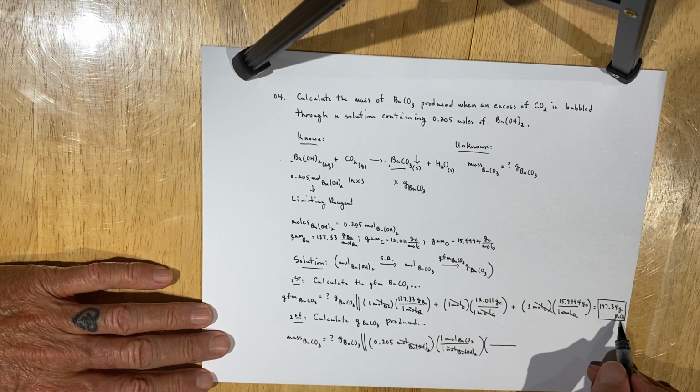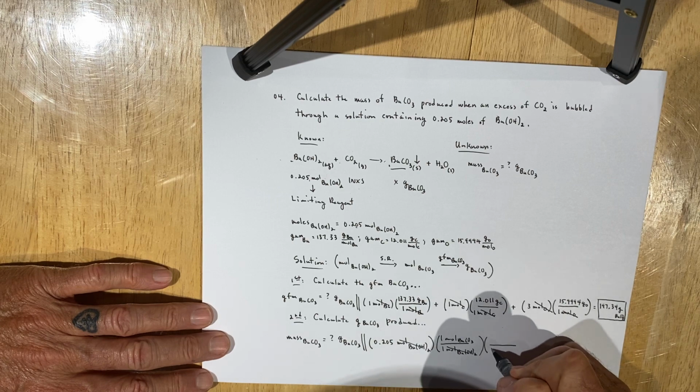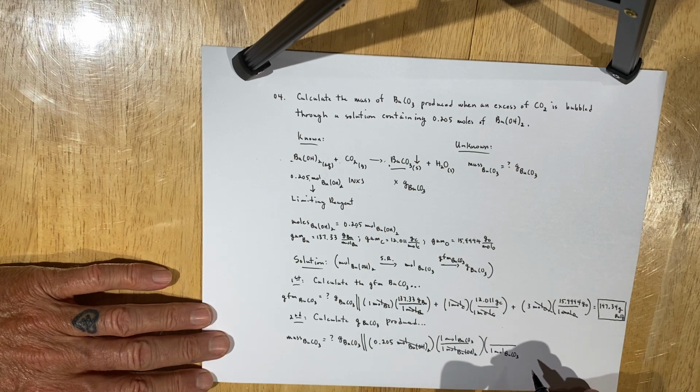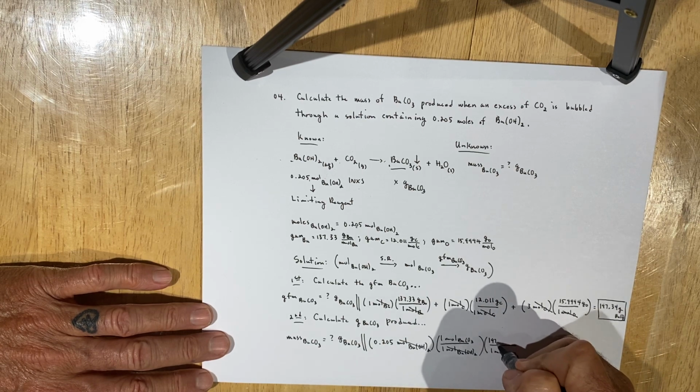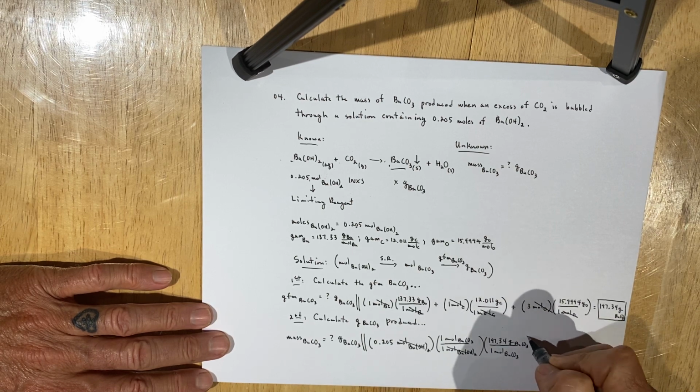That being said, that's the perfect opportunity to use the gram formula mass of barium carbonate, because we know that 1 mole of barium carbonate formula units possesses a mass of 197.34 grams of barium carbonate.